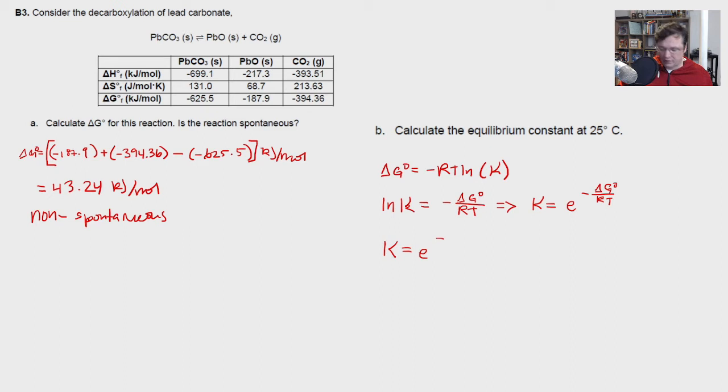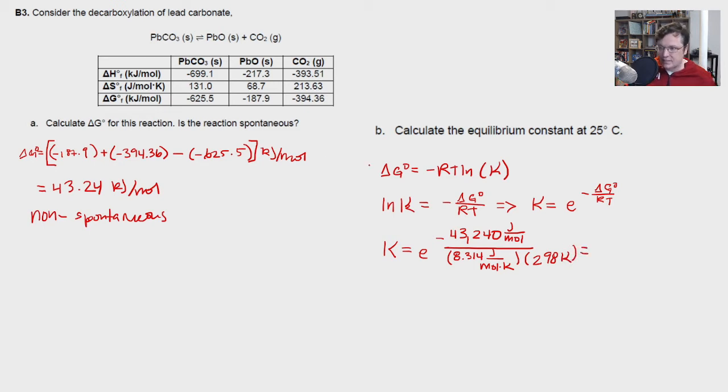That gives 43,240 joules per mole, divided by R, 8.314 joules per mole per Kelvin, times the temperature. 25 degrees Celsius converted into Kelvin is 298 Kelvin.